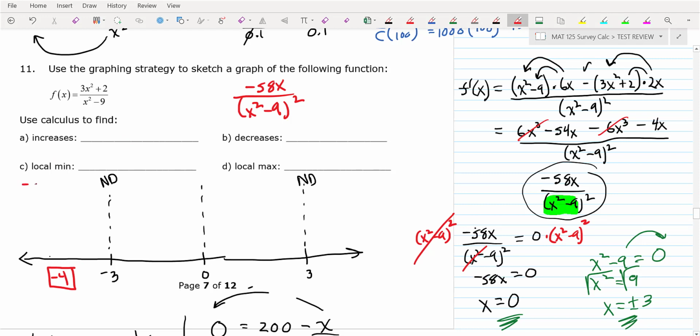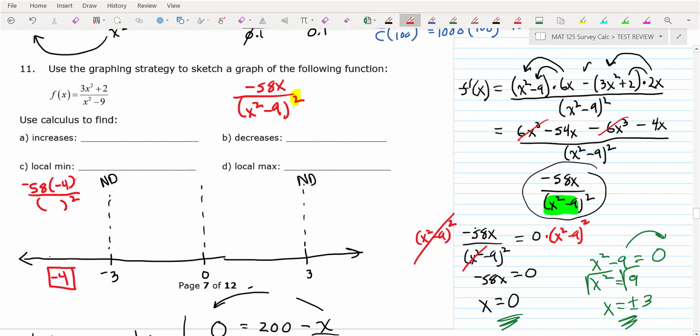So you would just be doing negative 58 times negative 4. Now, here's the way I would do this. It's over something squared. What happens when you square a number anyway? Don't you just get a positive? So you don't have to show that you're plugging the negative 4 into the denominator if you don't want to. You can do that if you need to, but it saves you time.